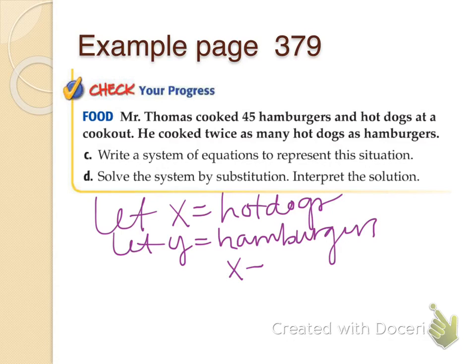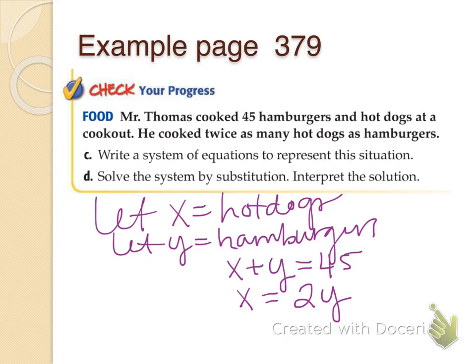So x plus y equals 45. Hot dogs plus hamburgers equals 45. Okay, he cooked twice as many hot dogs as hamburgers. So that tells me hot dogs, x, equals 2 times the number of hamburgers, 2y.